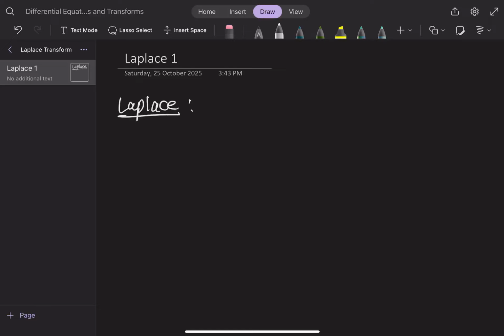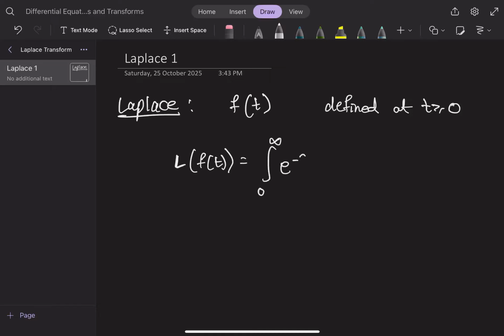For example, you have a function of the variable t, which is defined at t greater than or equal to 0. Then your Laplace, which is denoted by L, Laplace of the function f(t) is given by the integral 0 to infinity e raised to minus st times f(t) dt.